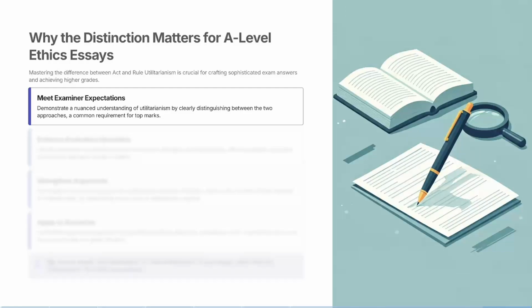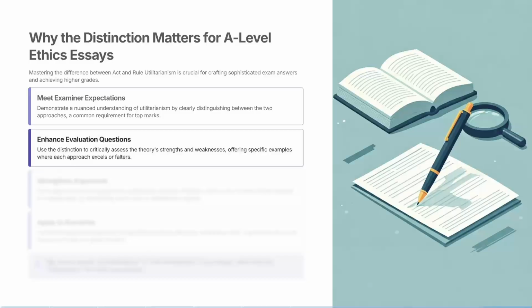And so a strong essay might explain how act utilitarianism emphasizes flexibility and direct calculation of consequences, while rule utilitarianism introduces general moral rules to avoid injustice. And so you can use the distinction to critically assess the theory's strengths and weaknesses using specific examples.